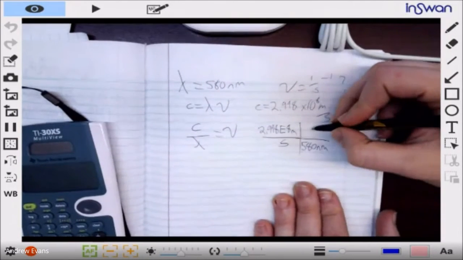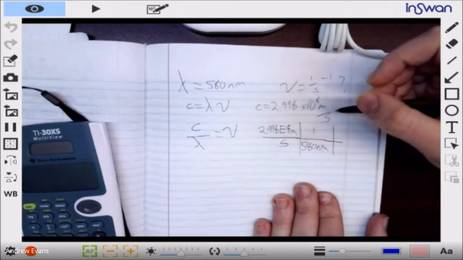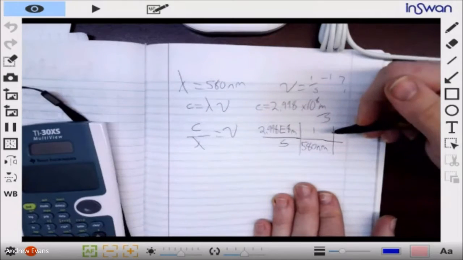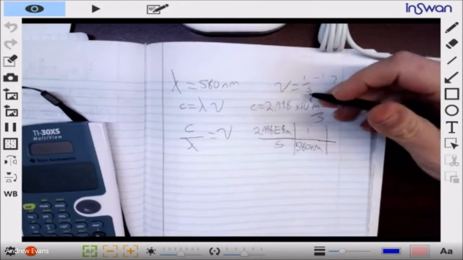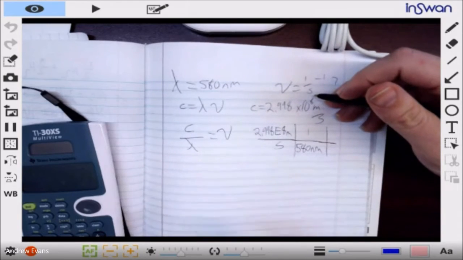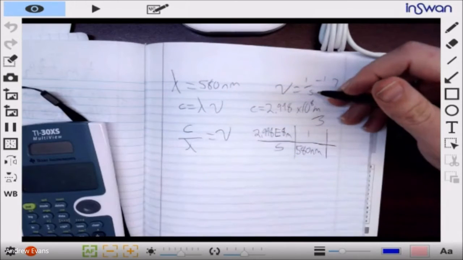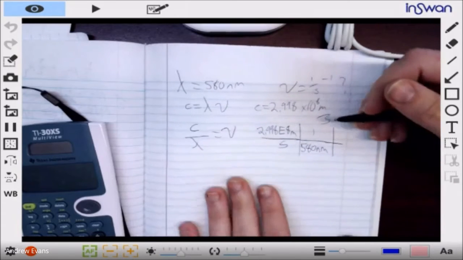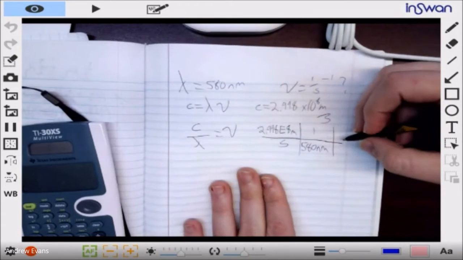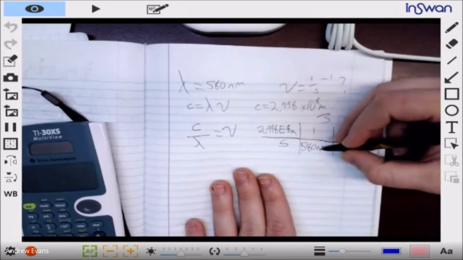Nanometers and meters are not the same unit, and thus they cannot cancel out. So one of the things we will always have to do is convert nanometers, the unit of wavelength, into meters. Maybe you'll be lucky and you're dealing with a radio wave that's in meters or whatever. But most of the time, you're going to have a really small number, and this is going to give us a really big number.